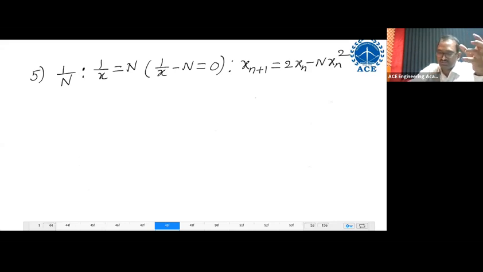From tomorrow, for the Newton-Raphson method, we will teach the previous GATE and ESC questions. For bisection, regula falsi, and secant, only a few problems were given in GATE. From Newton-Raphson onwards, several problems were given in GATE and ESC, and we will discuss them in the class then.